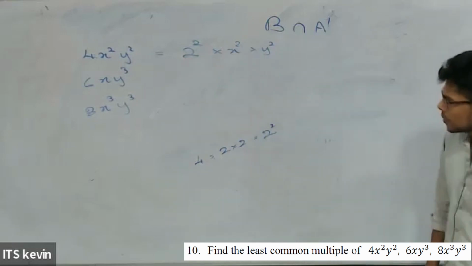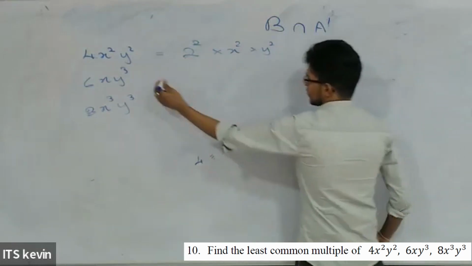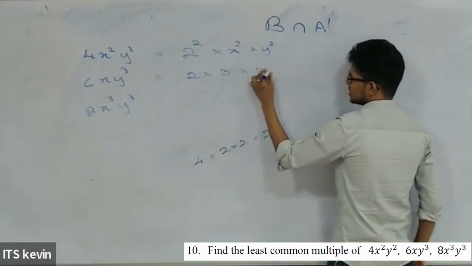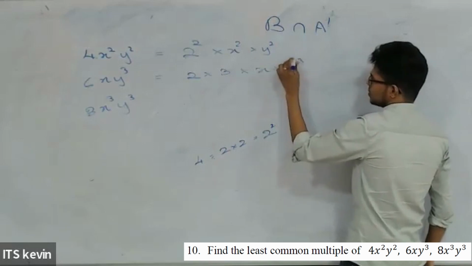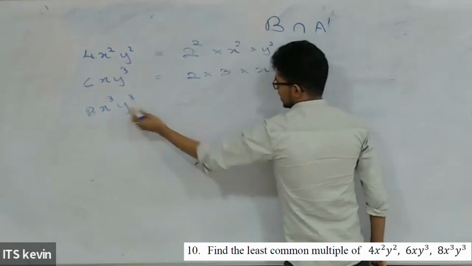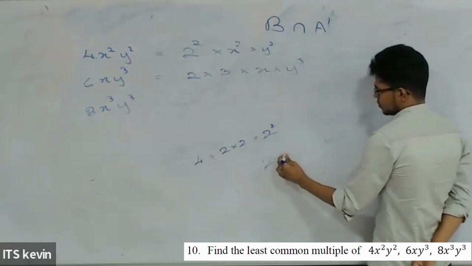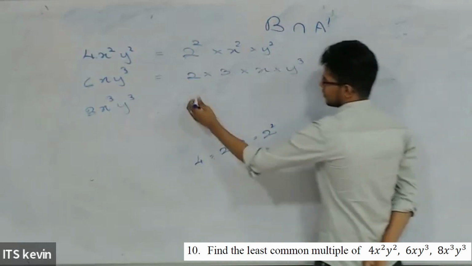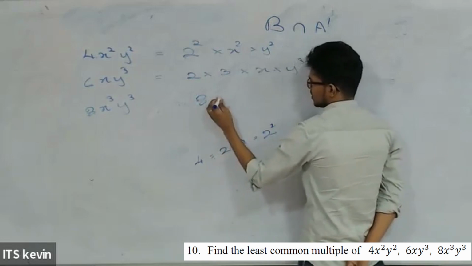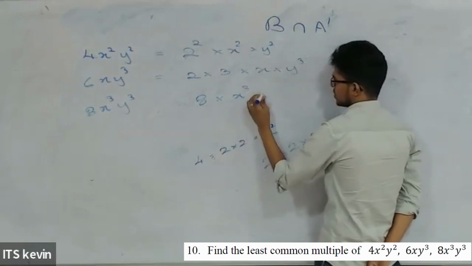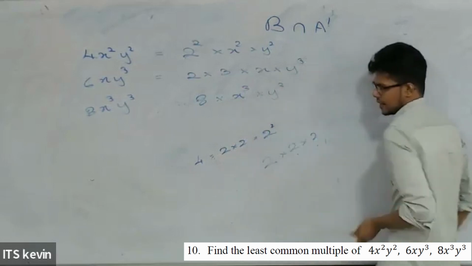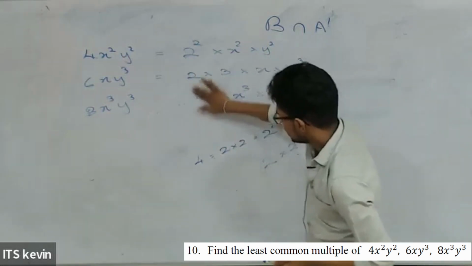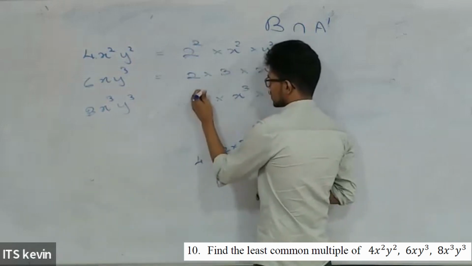How about 6? 6 you can write 2 times 3 times x times y cubed. And 8, that is 2 times 2 times 2. 2 times 2 is 4, 4 times 2 is 8. So 8x cubed y cubed, 8 means 2 to the power 3.